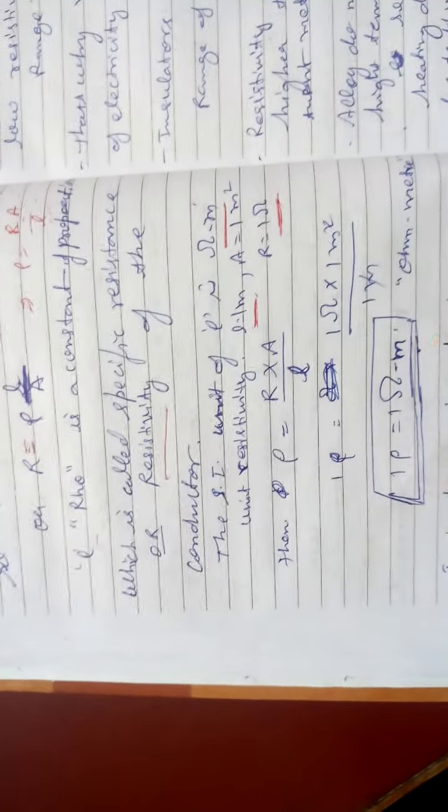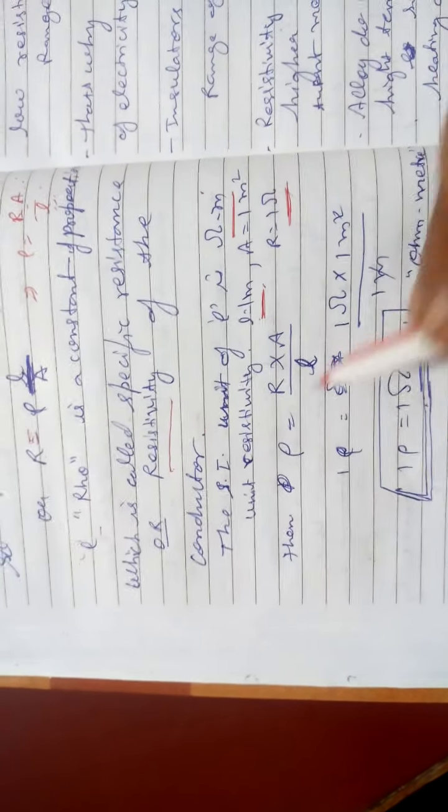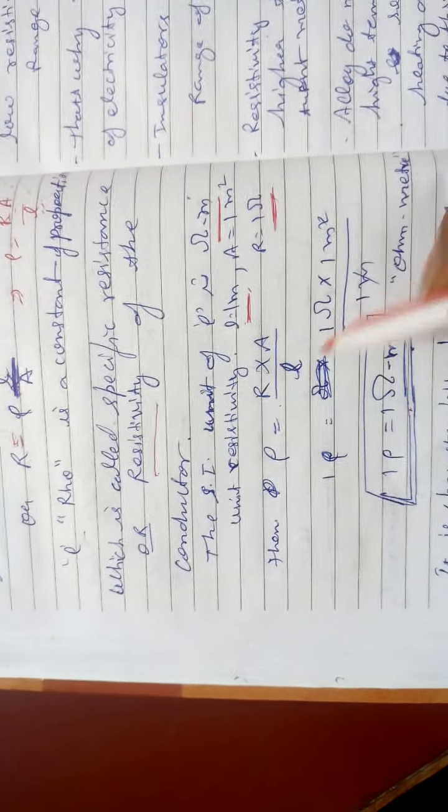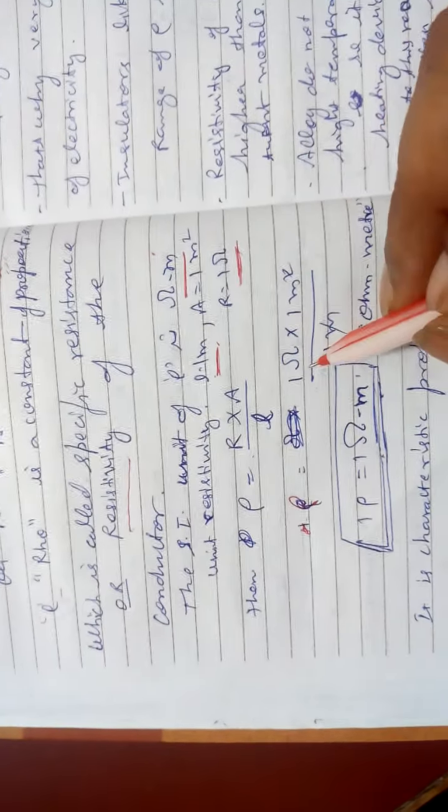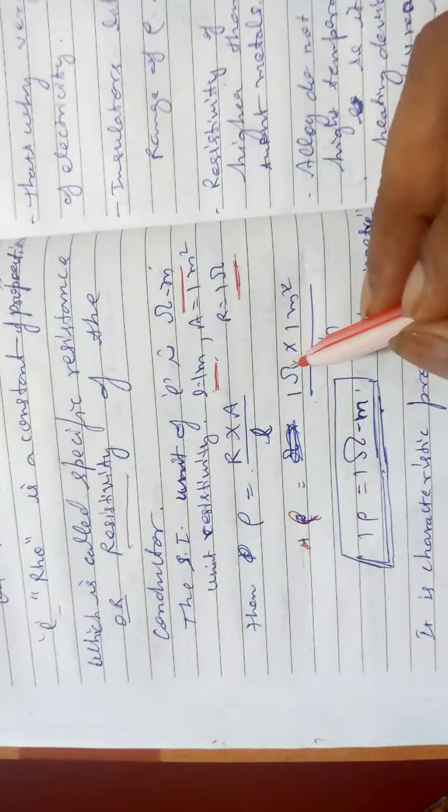By this formula, rho is equal to 1 ohm into 1 meter square upon 1 meter; meter square and meter cancel. You get 1 ohm meter as the resistivity.